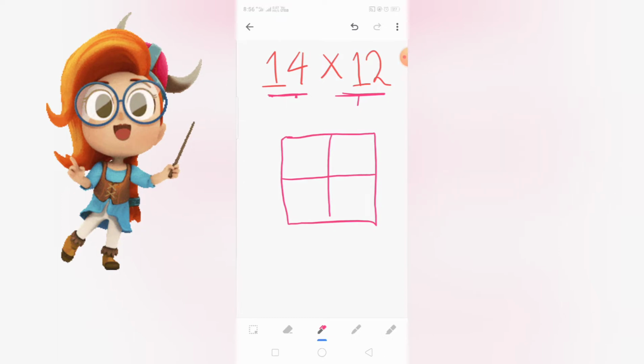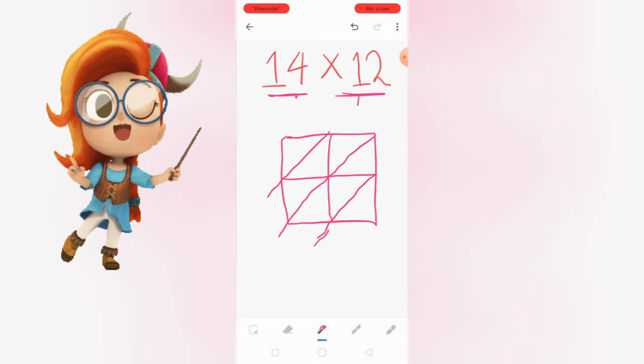Then we have to draw a diagonal path in this square box, like in the first example. Now we write these two numbers, 1 and 4 for 14 in the upper part, and 1 and 2 for 12 in the side of the square.